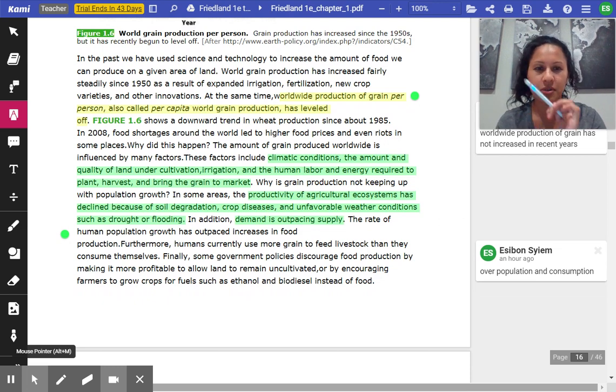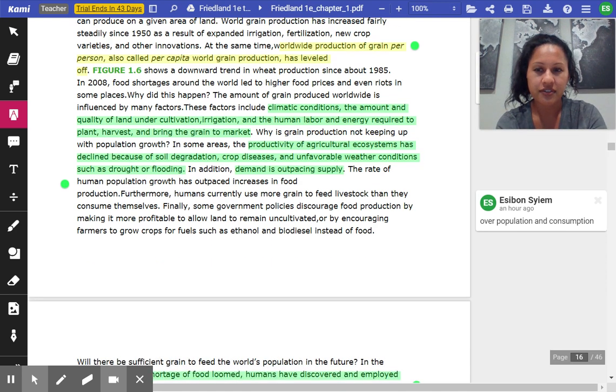Okay, so we will need to be aware of the human population, but we will talk about that in a few minutes. All right, so food production: we're increasing the population, but the amount of grain being produced is not increasing. There are also other factors that impact how much grain is produced, such as climate, land, human labor, energy, etc. Sometimes the government or certain areas will limit how much crops can be grown, or there's soil degradation.